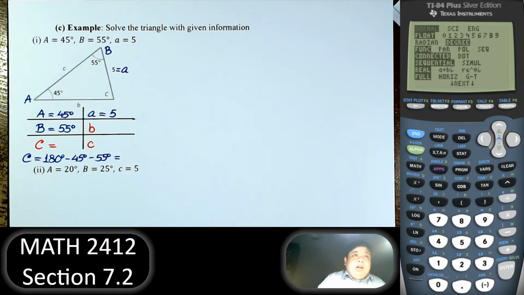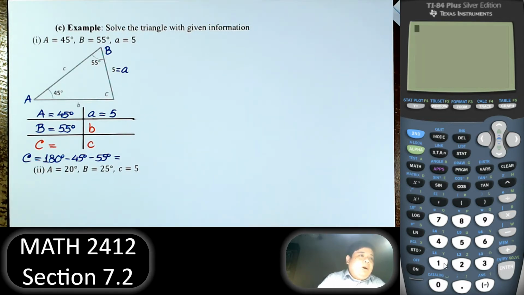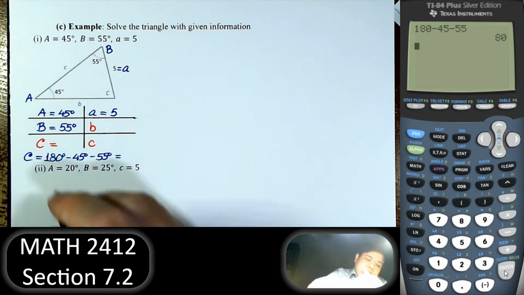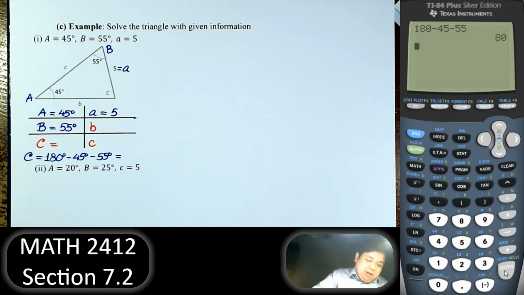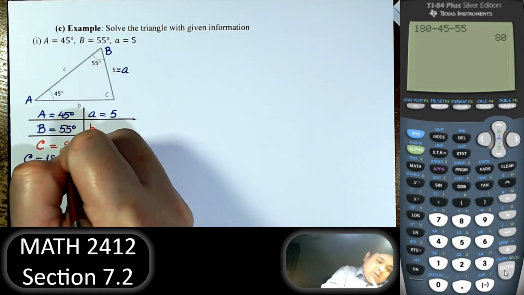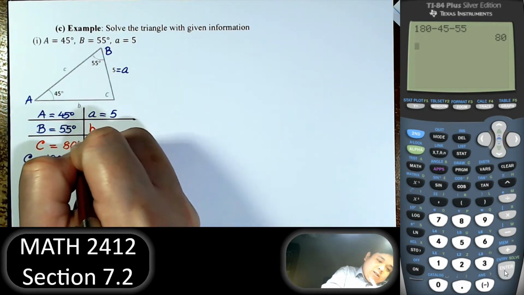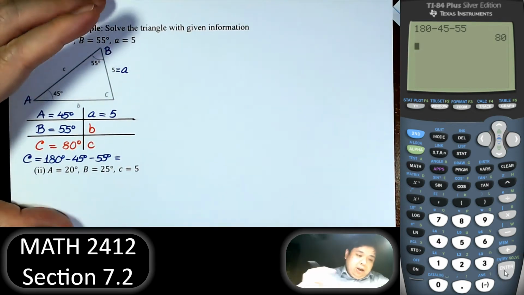Once again, if we solve triangles, make sure that it is in degree mode. 180 minus 45 minus 55 is 80 degrees. Right, next.